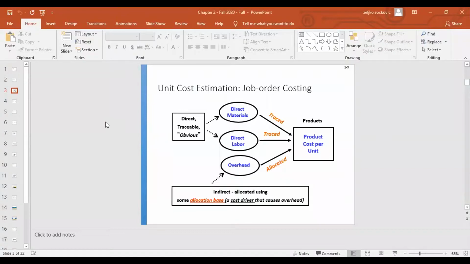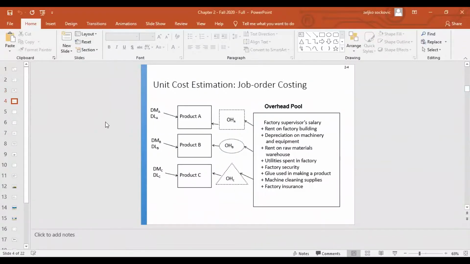And it's even clearer on this slide, as I explained in narrated lectures. You see all these different things that go into overhead, right? This is the overhead pool. All of these different things go into this overhead pool.